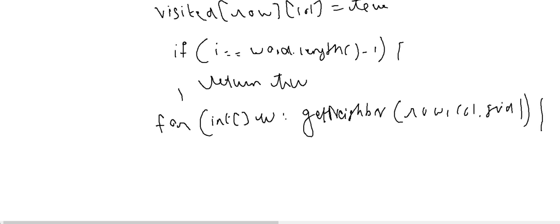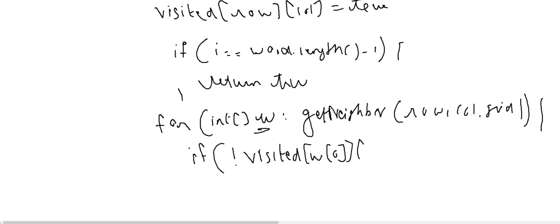Okay, and we're gonna see that if this neighbor is not visited, this is row and this is column. If it's not visited, then we are going to do the DFS.